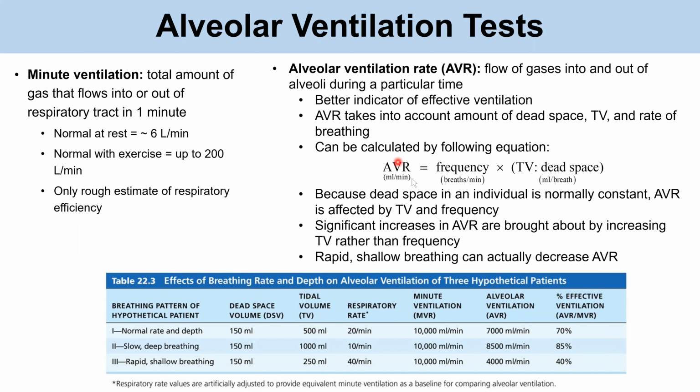So alveolar ventilation rate is equal to the frequency, so how many breaths per minute the patient is taking, multiplied by the ratio of the tidal volume to the dead space. And what's kind of important to keep in mind about this equation is that, remember I said in an individual, this dead space is normally a really constant value.